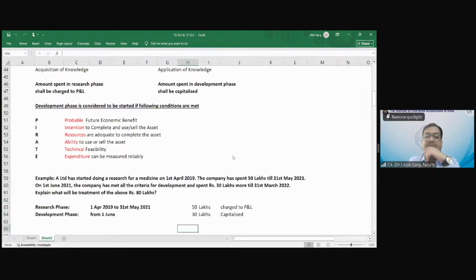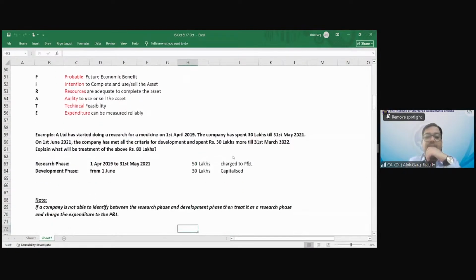For example, A Limited started doing research for a medicine on 1st April 2019. The company has spent 50 lakh till 31st May 2021. On 1st June 21, the company met all the criteria for development and spent 30 lakh more till 31st March 2022.